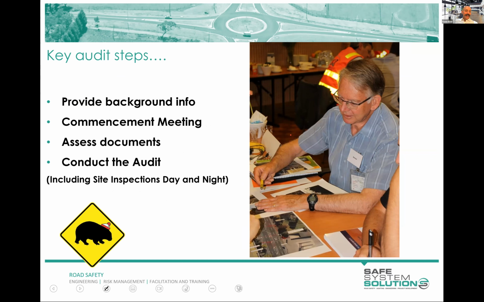Now, again, Austroads has a little bit of a clause that says you may not need to do a nighttime inspection. It now, in the 2022 version, has another little clause which says, in some very rare circumstances, for feasibility audits, you may not need to do a site inspection.